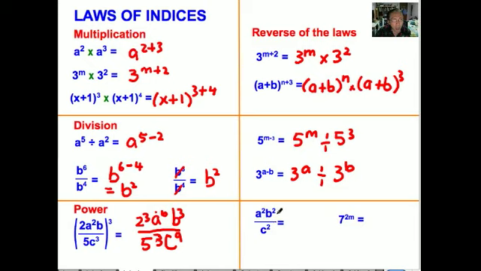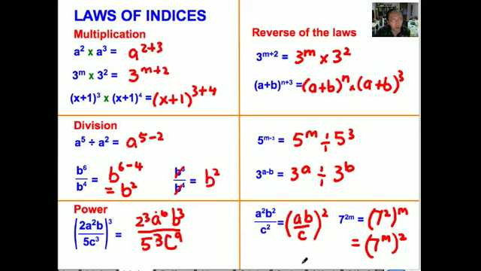Now, when we have a common power throughout, we can take the power outside the brackets, giving us (ab over c) to the power of 2. And 7 to the power of 2m can be interpreted as 7 squared to the power of m, or 7 to the power of m, to the power of 2.